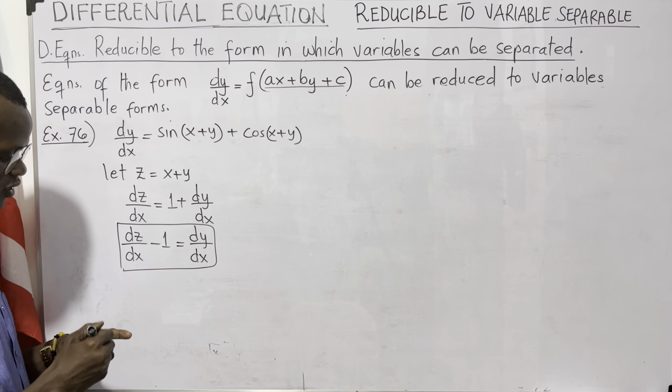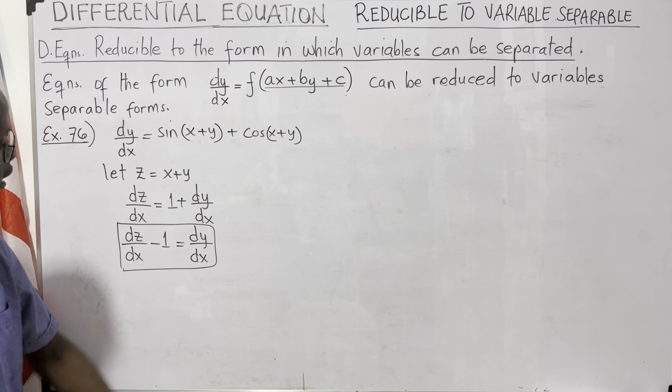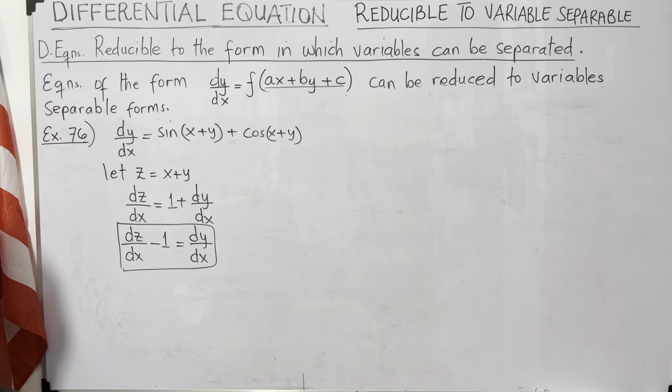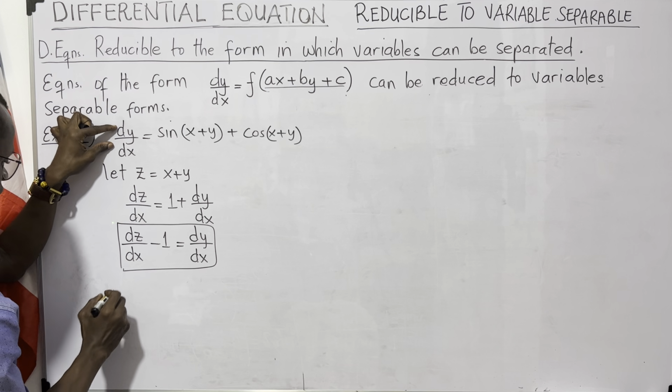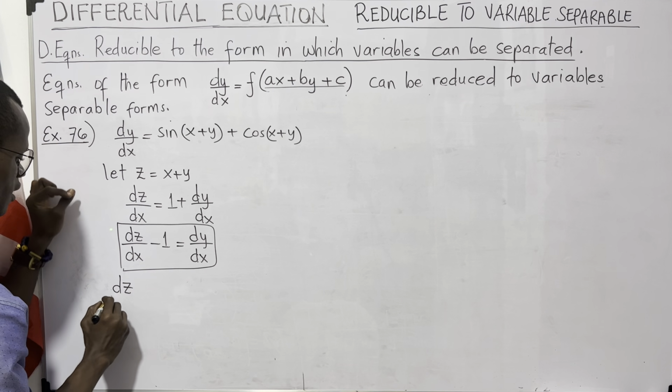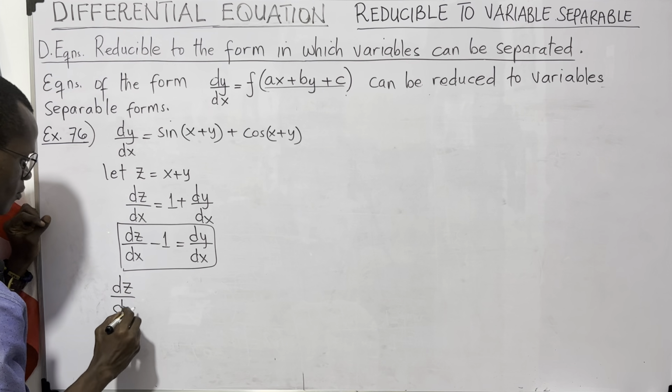Great. What's next? We'll go back to the problem. Where we see dy by dx, we want to replace it with dz over dx minus 1 equals sine of x plus y, which is just z, plus cos of z.